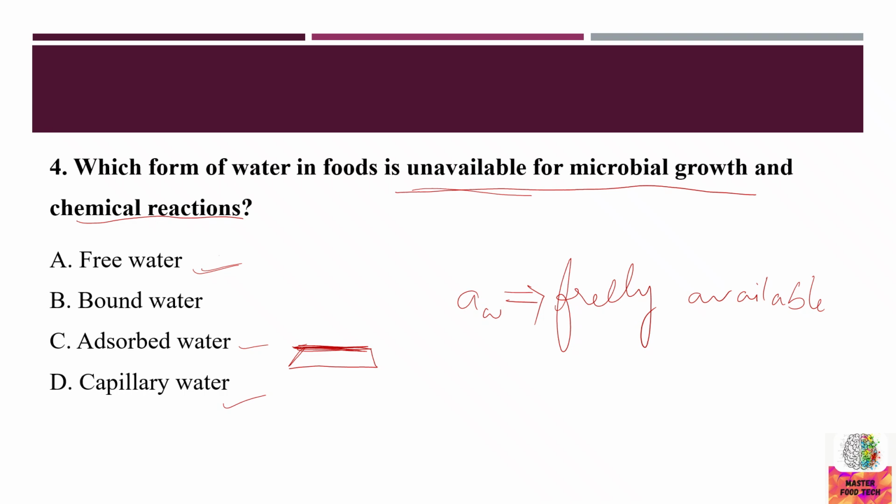Until the water is freely available, the microorganisms won't grow. So the answer would be bound water. As bound water is tightly held to food components like protein and carbohydrates, it is not available for microbial growth or any chemical reactions.